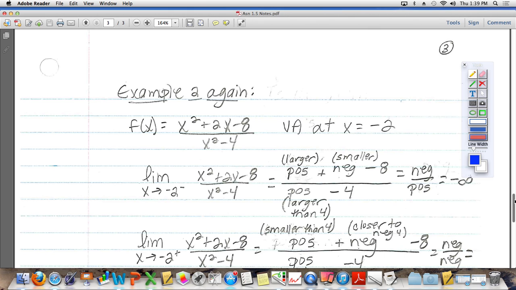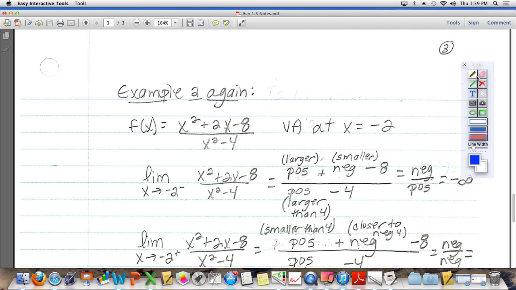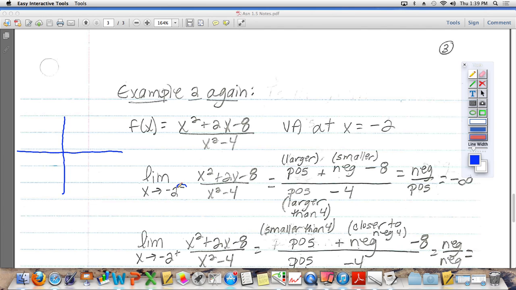So what we're going to do is check what happens as you approach -2 from the left. So here's -2. As you're coming in from the left, that means the negative side. So is my graph going to shoot up or is it going to shoot down? I'm going to draw my number line up here.